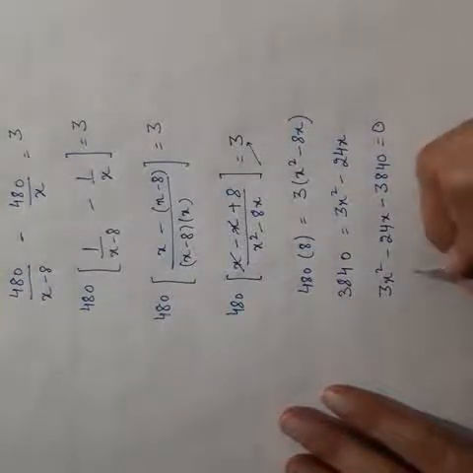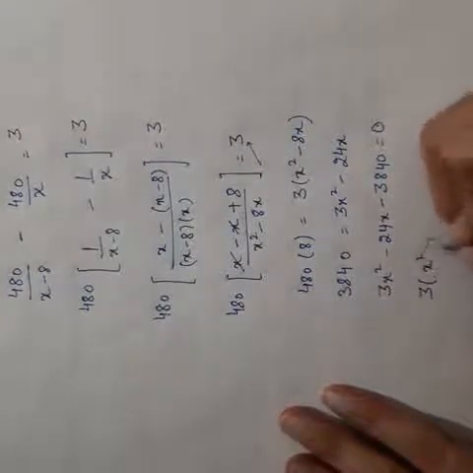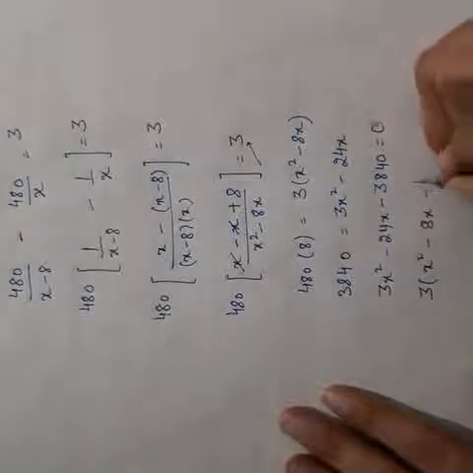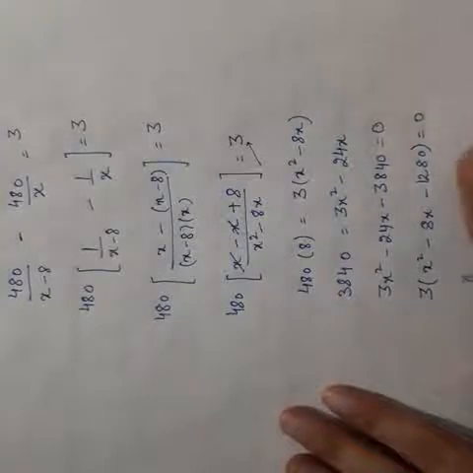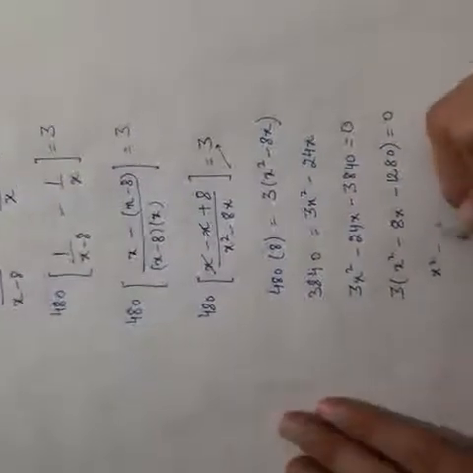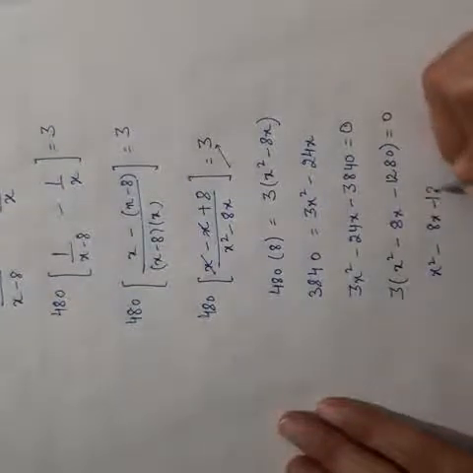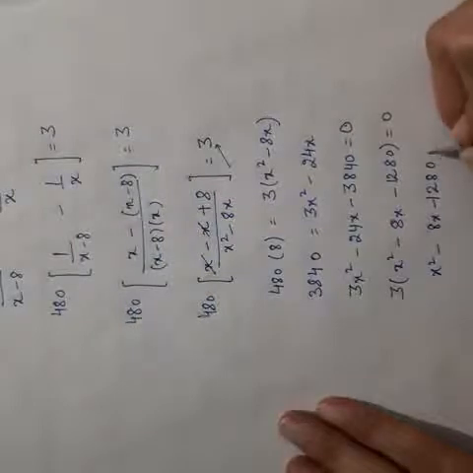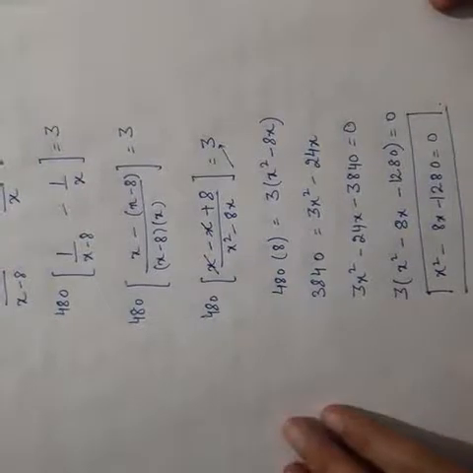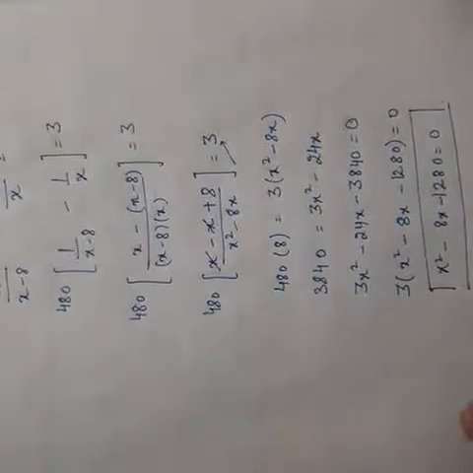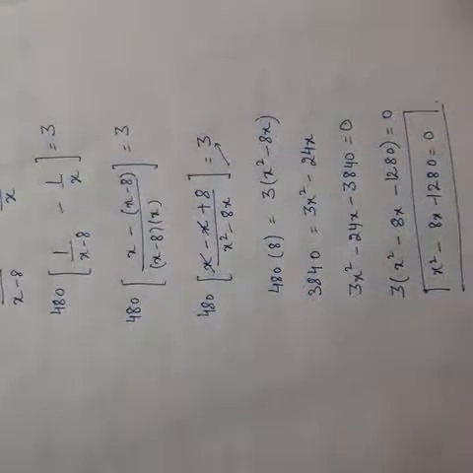Now herein we can take 3 common. X square minus 8x minus 1280. So this gives you x square minus 8x minus 1280 equals to 0, which is our required quadratic equation. So in this exercise, you just had to form the quadratic equations, which is done.